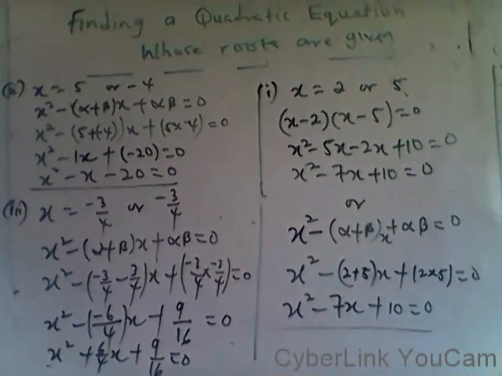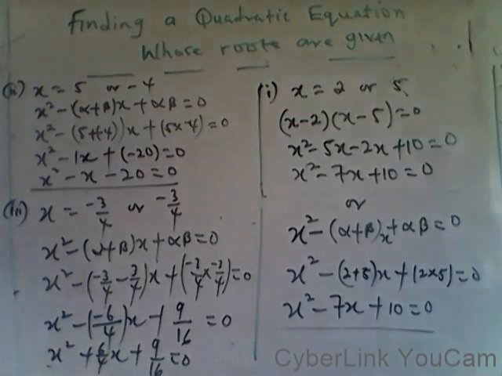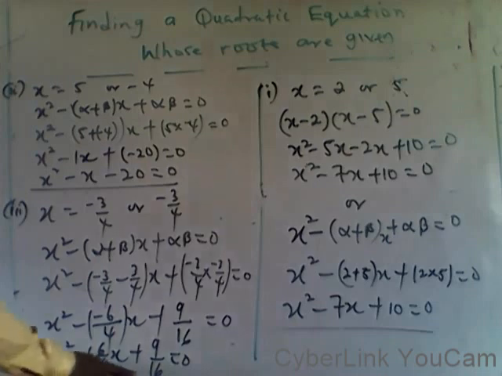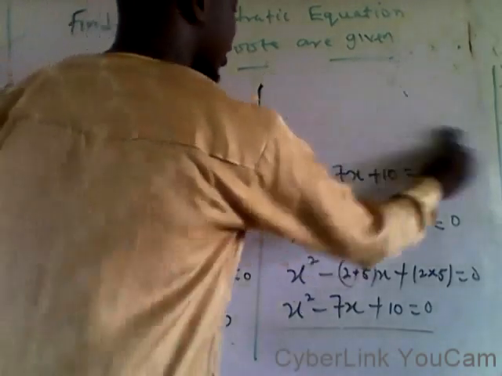What if you don't want to have it in fraction? It means you ask yourself, what is the LCM of 1, 4, and 16? In that case, we are going to multiply through by the LCM.